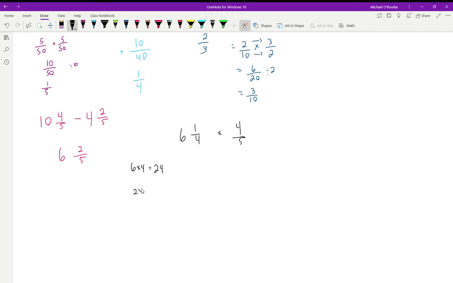Then we go 24 plus 1, because we have 6 wholes, which is 24, plus the 1, which is 25. So we're left with 25 over 4 times 4 over 5, and then we go straight across. And that equals 100 over 100, which would also equal 1.